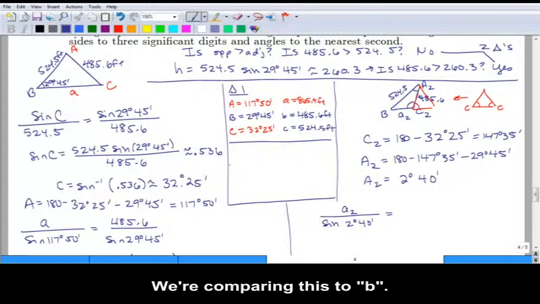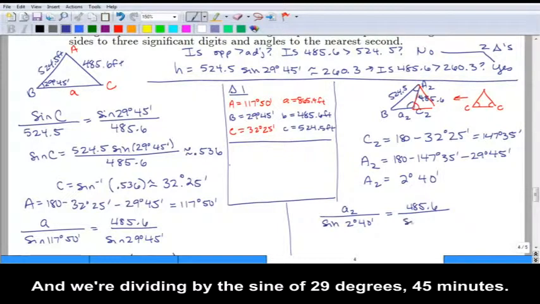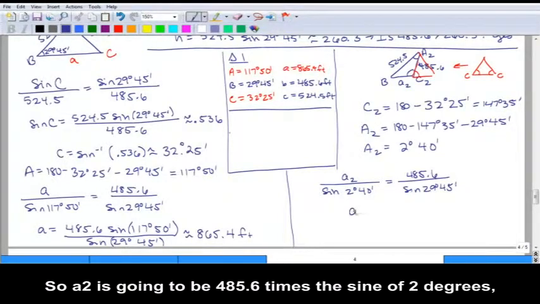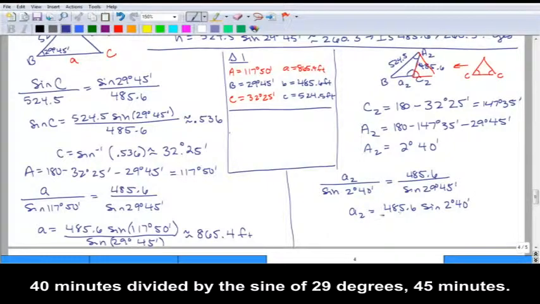We're comparing this to B. So B was 485.6, and we're dividing by the sine of 29 degrees, 45 minutes. So A2 is going to be 485.6 times the sine of 2 degrees, 40 minutes, divided by the sine of 29 degrees, 45 minutes.